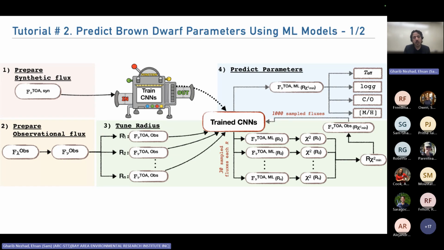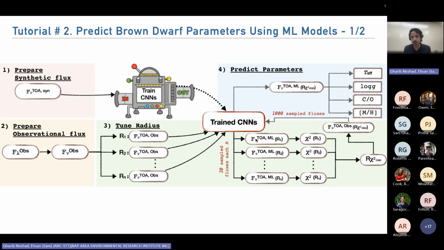So we perform this by tuning the radius, looping over a range of radii, and I'll show you in a second what it will look like. But the idea is looping over the radius, predicting the flux and generating the flux with ML.